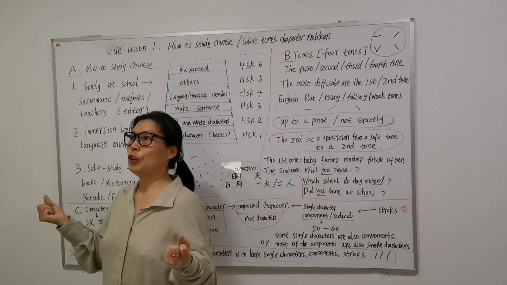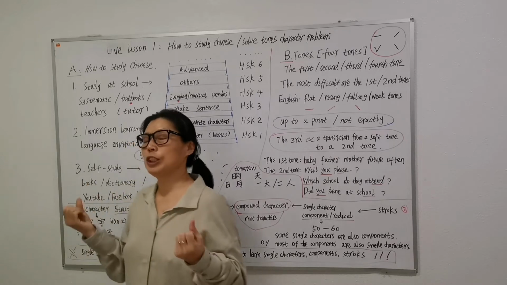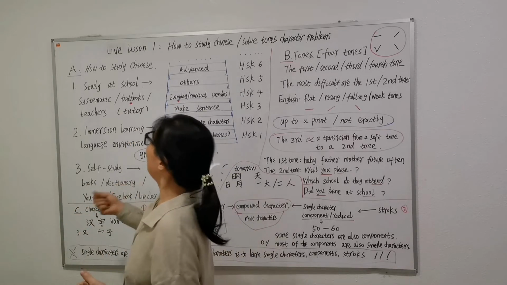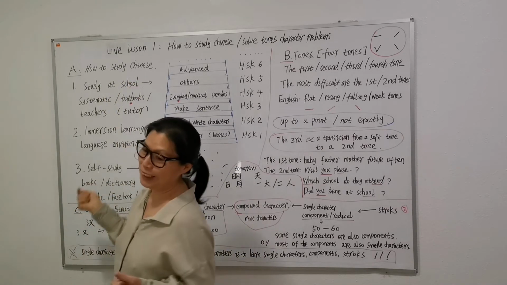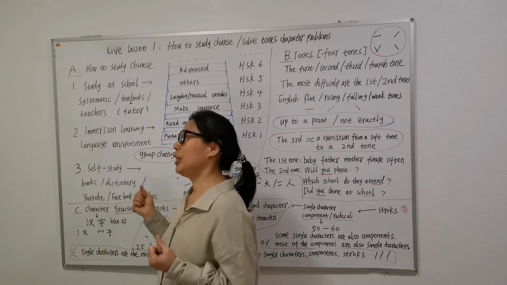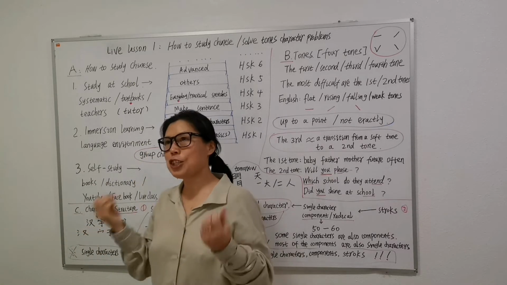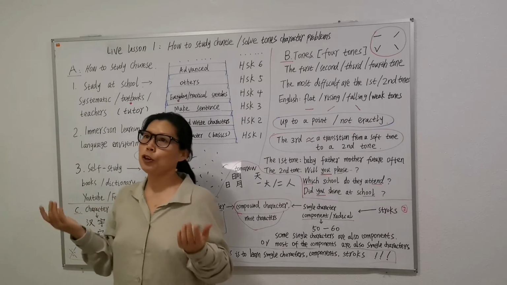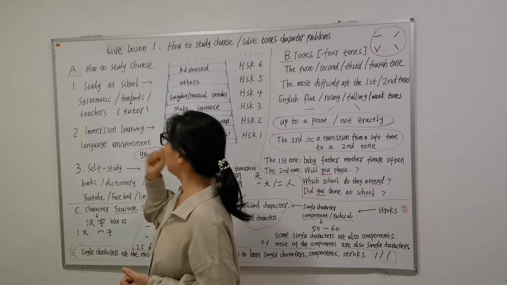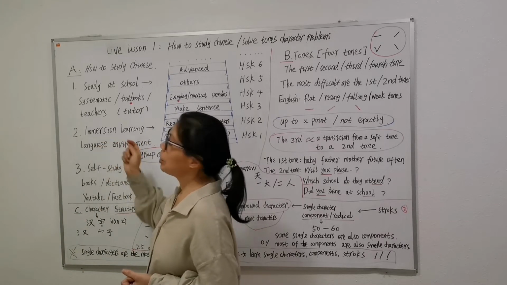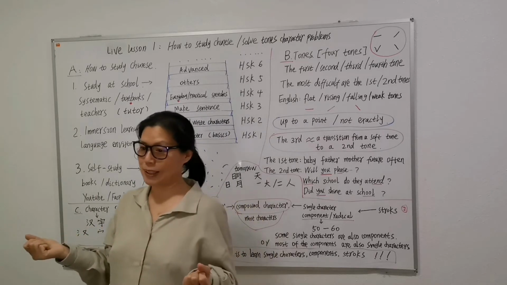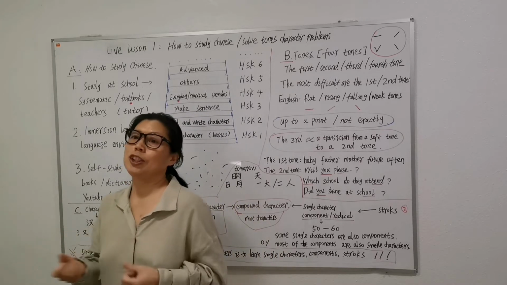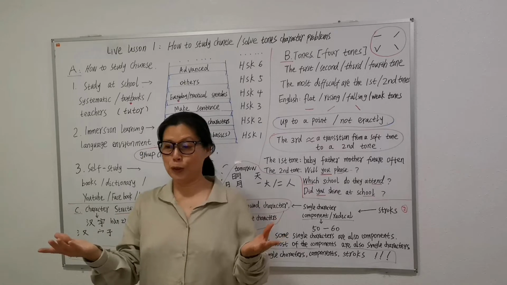It's natural. You don't need to think about how to study Chinese. If conditions are available for you to go to school or have immersion learning, that's best or better.